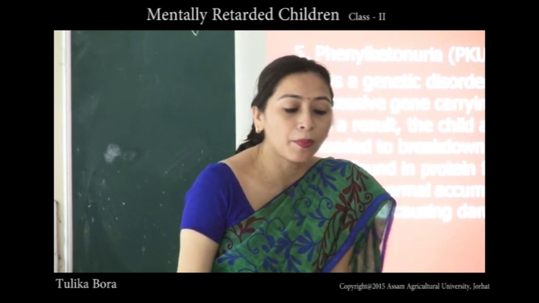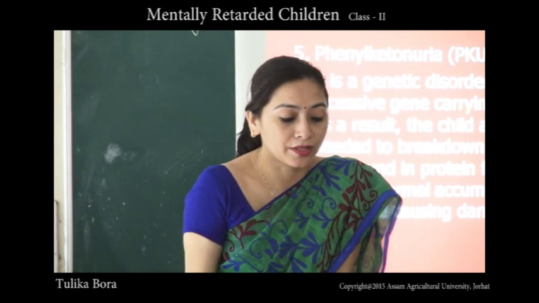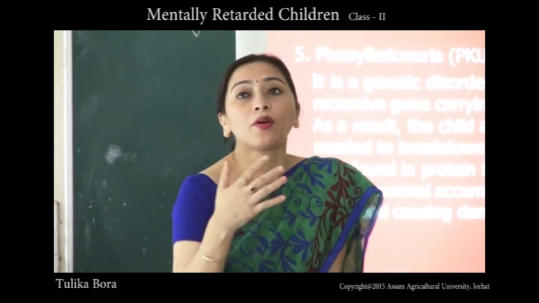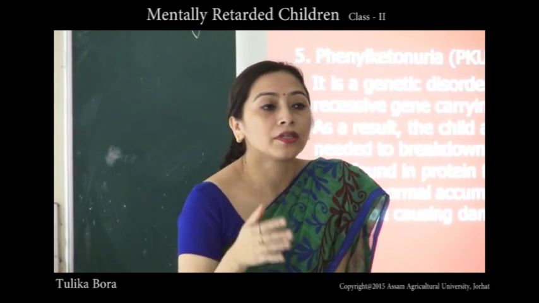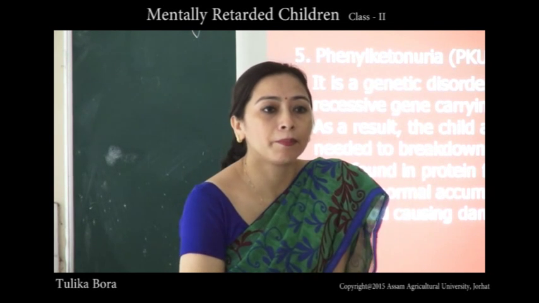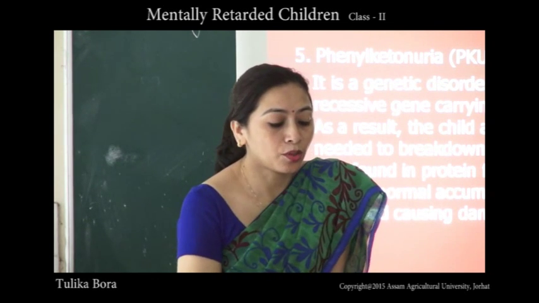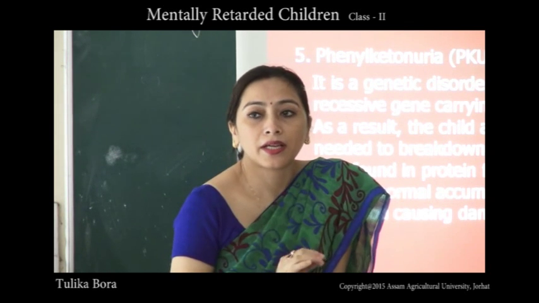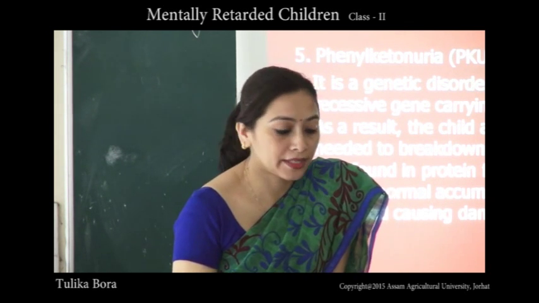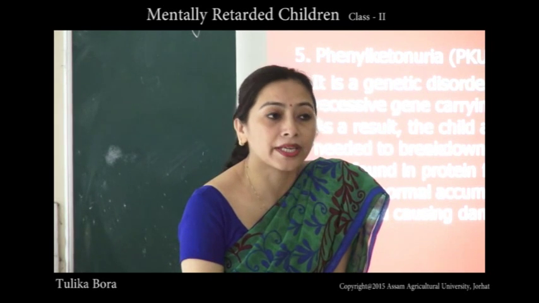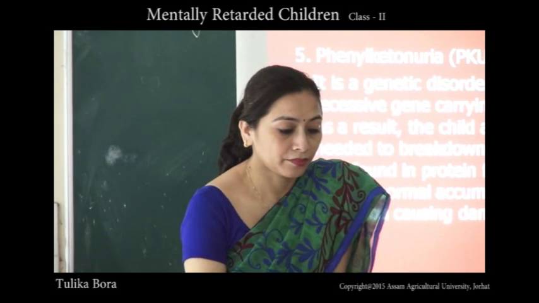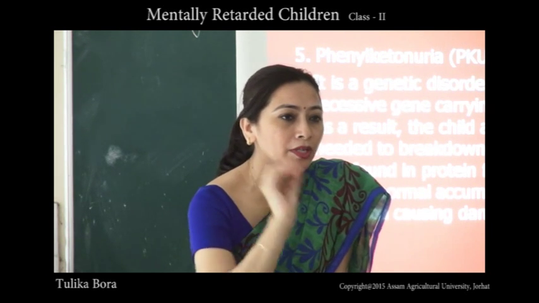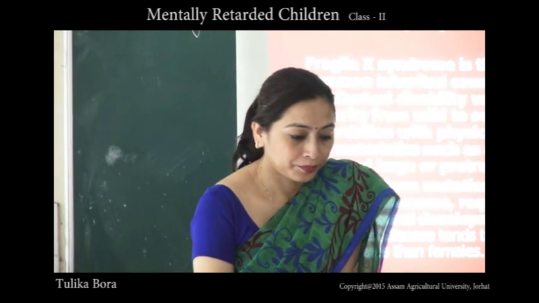Phenylalanine is an amino acid found in protein foods. Since they can't break it down, it gets deposited in the blood, and they show these types of symptoms. The color of their hair will be gray.